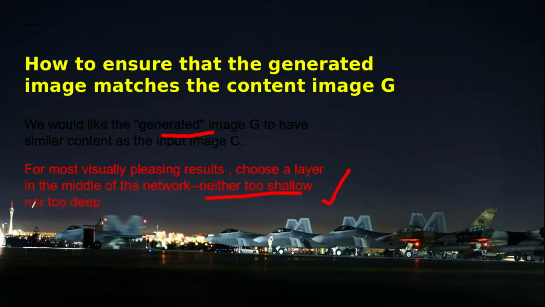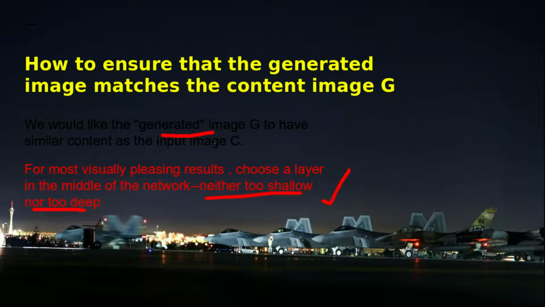We would like the generated image to have similar content as the input image. We are going to denote the generated image by G and the input image by C. Suppose you have chosen some layer's activations to represent the content of an image. In practice, you'll get the most visually pleasing results if you choose a layer in the middle of the network.